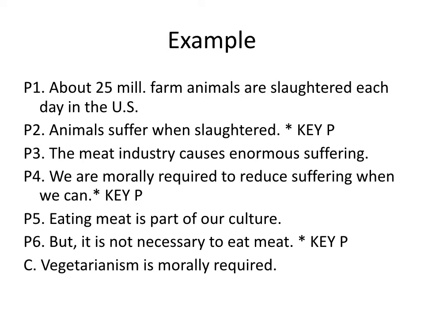Premise 3, the meat industry causes enormous suffering. Premise 4, we are morally required to reduce suffering when we can. Premise 5, eating meat is part of our culture. Premise 6, but it is not necessary to eat meat. Conclusion, vegetarianism is morally required.